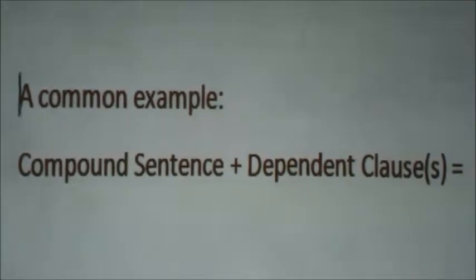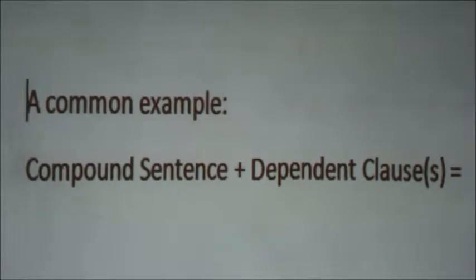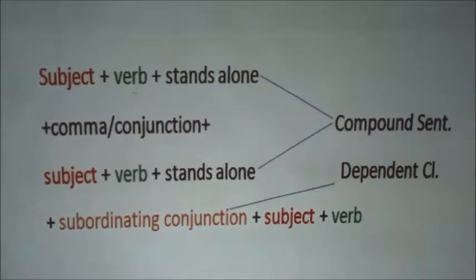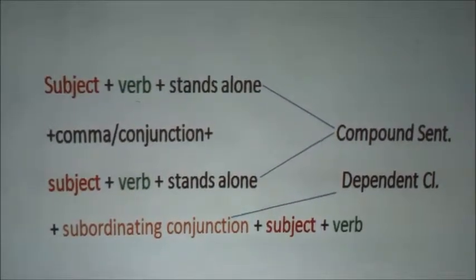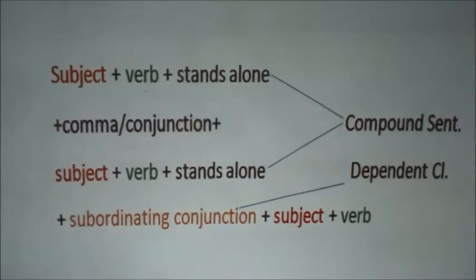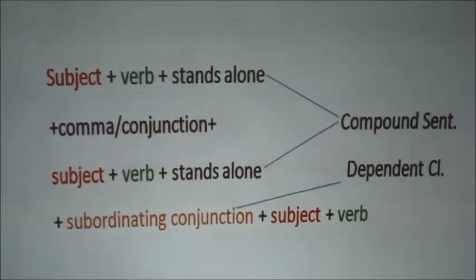So that whole compound sentence is being joined to a dependent clause, which is like a complex sentence, but one of the halves is actually a double. It's a compound.